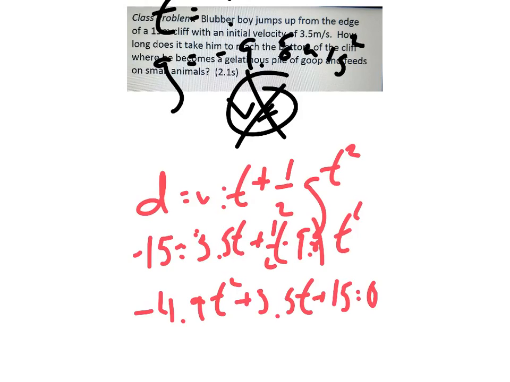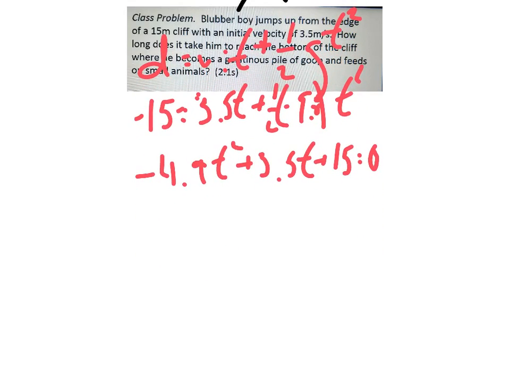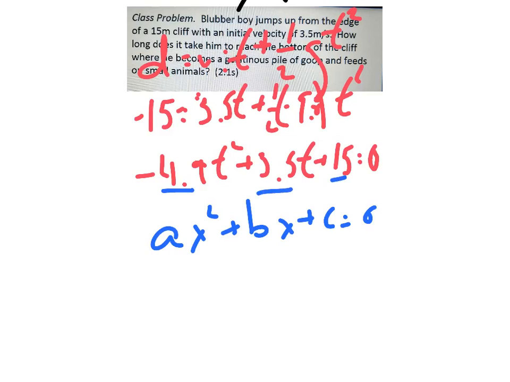And how you can solve that is using the quadratic equation is one option. Because this might be more clear, it's really ax squared plus bx plus c equals 0. So a is negative 4.9, b is 3.5, and c is 15. And then the quadratic equation's on your equation sheet.